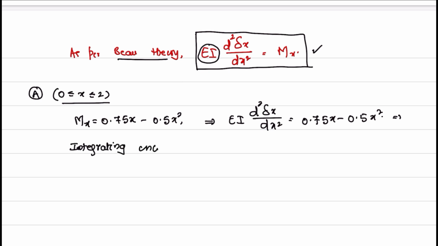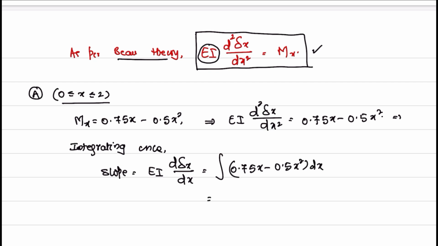Now, integrating once, what happens? By integrating the beam theory equation for the second derivative of deflection, we get the slope. Slope is EI into d delta x by dx, that is equal to the integration of 0.75x minus 0.5x square dx.